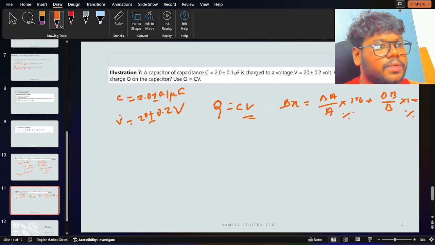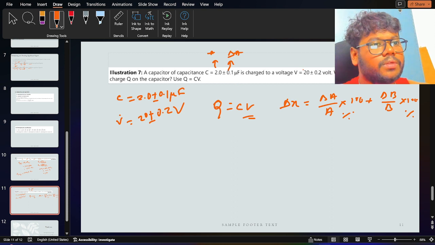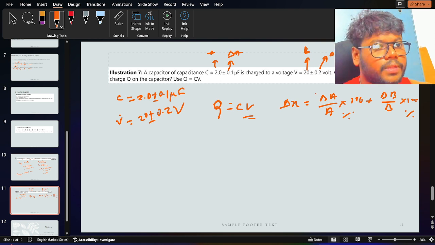Here, this is A and this is delta A. This is the voltage V, and this is the small error delta V. The calculation will be very simple, so let me calculate the error first.